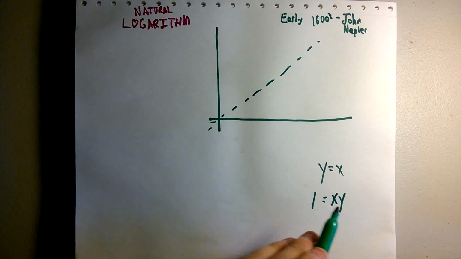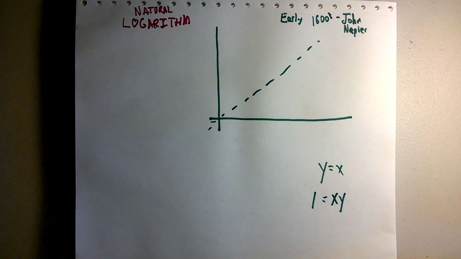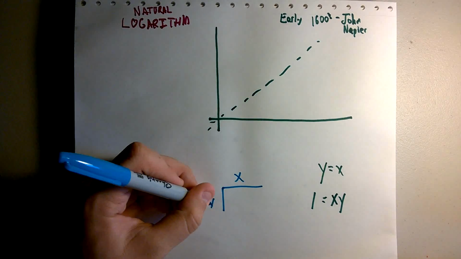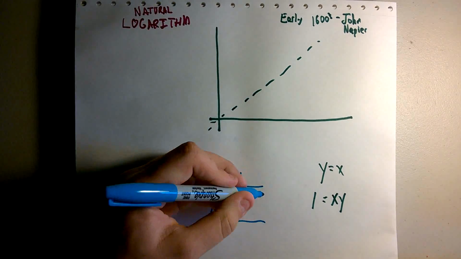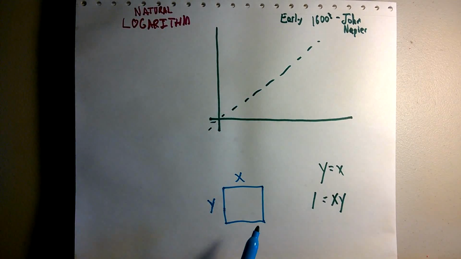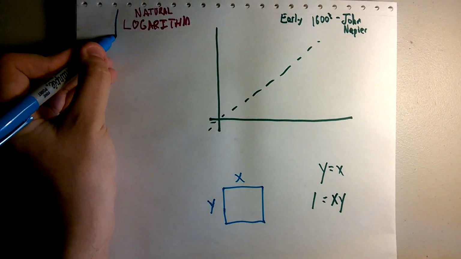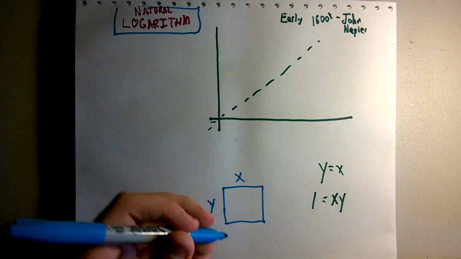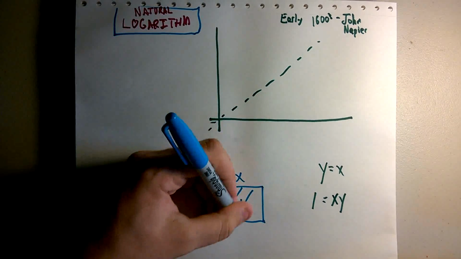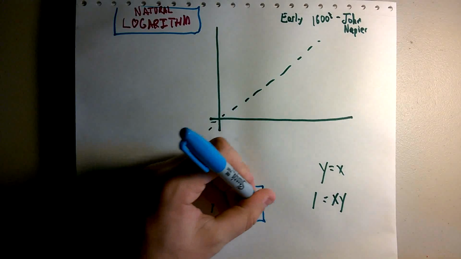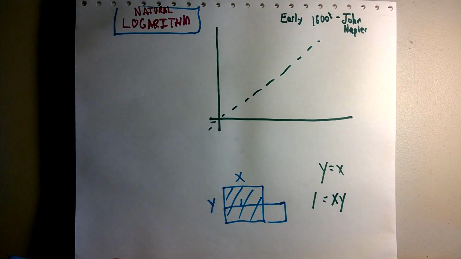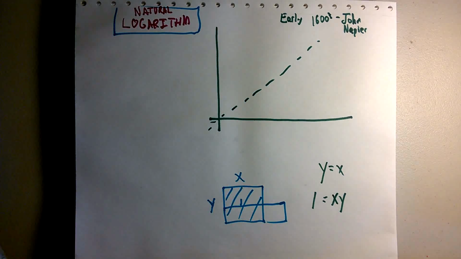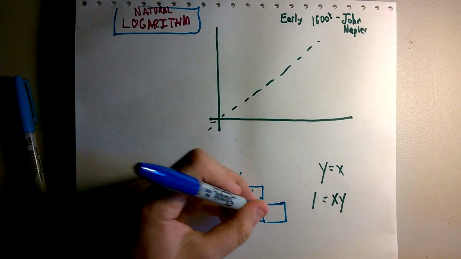What does that look like? Which means that if I have two lengths of, let's say, a rectangle, x in this direction and y in this direction. If you saw my video on 0 and 1, you've seen this already. But this is a way to look at it more analytically, and so you can get cooler results. Either way, so x and y, and let's say the area is always 1. So that means if I stretch x, it's going to get longer. Then y is also going to have to get shorter because we still have an area of 1.